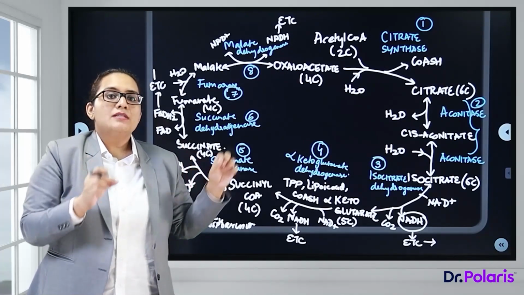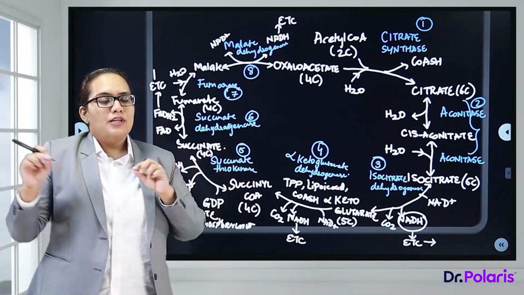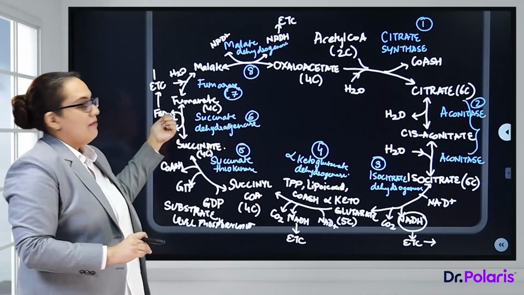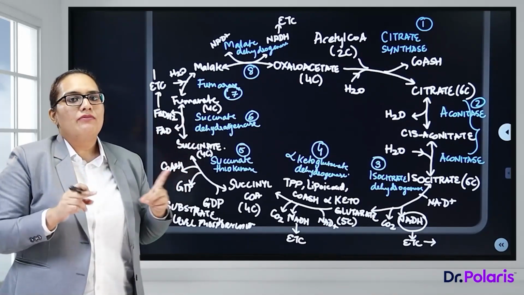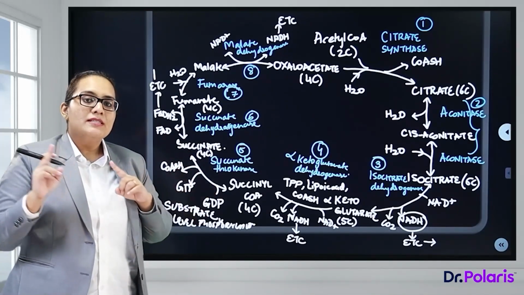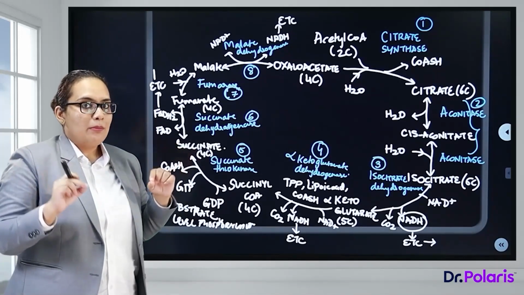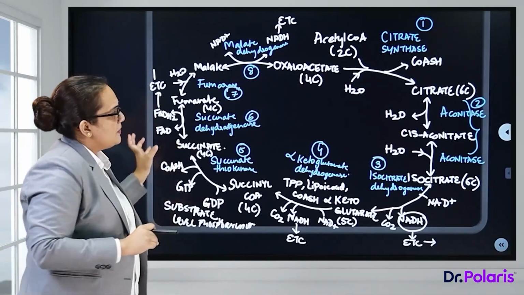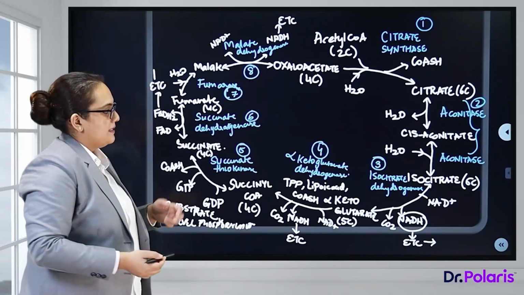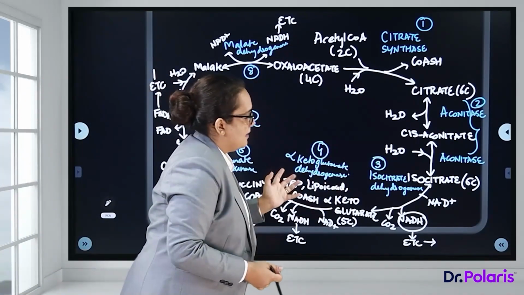Remember, the latest rule is one molecule of NADH produces 2.5 ATP, whereas one molecule of FADH2 produces 1.5 ATP. Earlier it was thought that one FADH2 produces 2 ATP. So now it's 1.5 ATP. Now we'll just calculate how much ATP is synthesized or produced during the entire cycle.